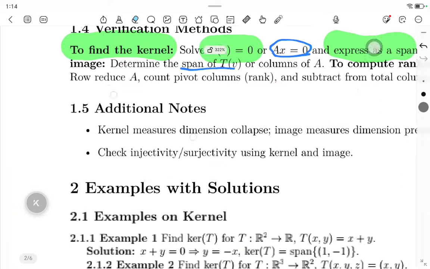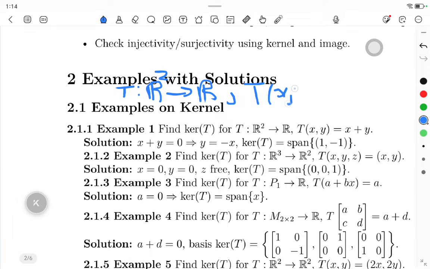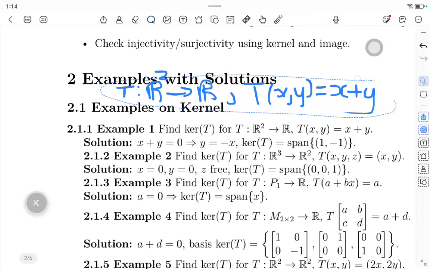The question says we should find the kernel of T such that T from R squared to R is defined by T(x, y) equals x plus y. Now let's see how we find the kernel, right?